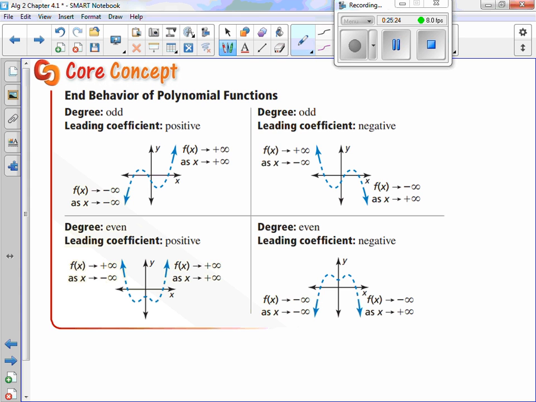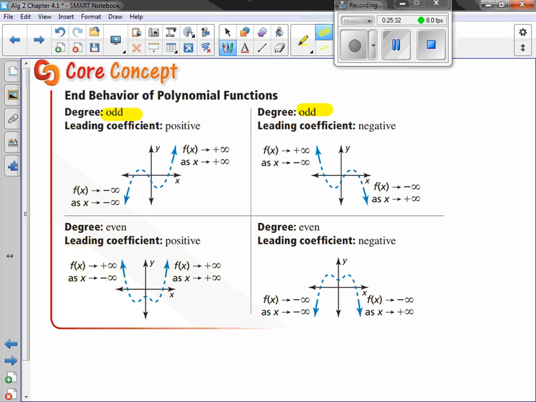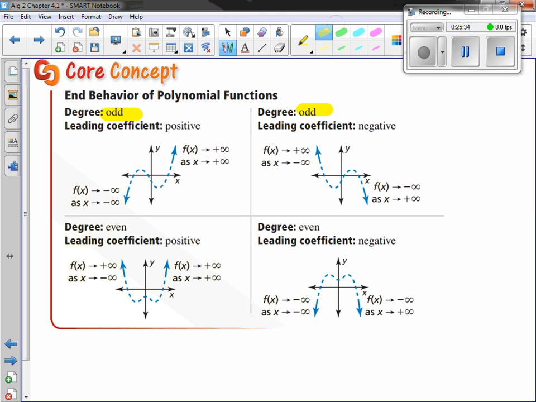I'm going to get a highlighter out, if it'll let me. First thing I want to draw your attention to is this here. Degree is odd or even. So that's the first thing we're going to look at, the degree: if the degree is odd or the degree is even.